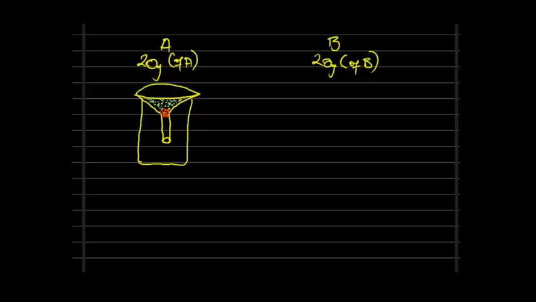So in the set of B now, you have a similar structure. We have something similar to what you have just drawn.